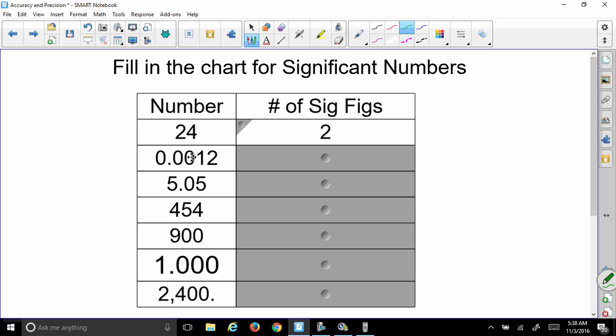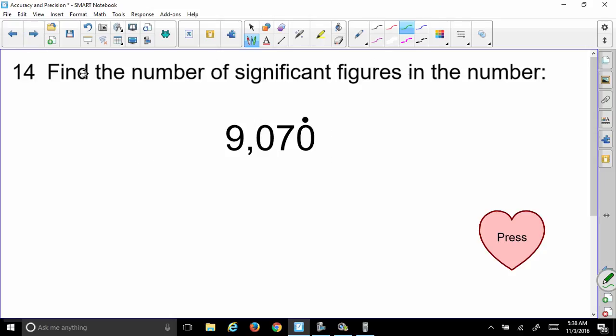And here's a cute one. If you said 2 for this one again, you were great. So remember, check out significant figures. It's a good video. Here's the last one. 9,007D with a decimal point on the top. Wonder how many significant figures that is? So check out the other video.